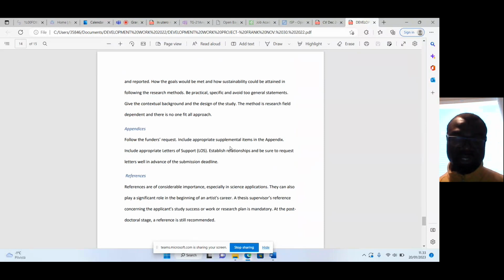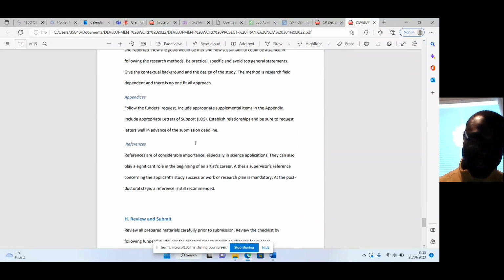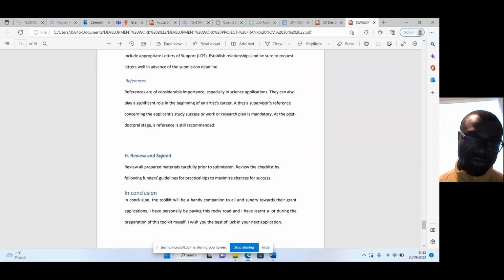In a short way, we will go through at least a sample of the CV and also a research proposal to have an idea of what you are applying for, how to go about it, and how to present it. So after having the appendices and the references, we need to also review the application.